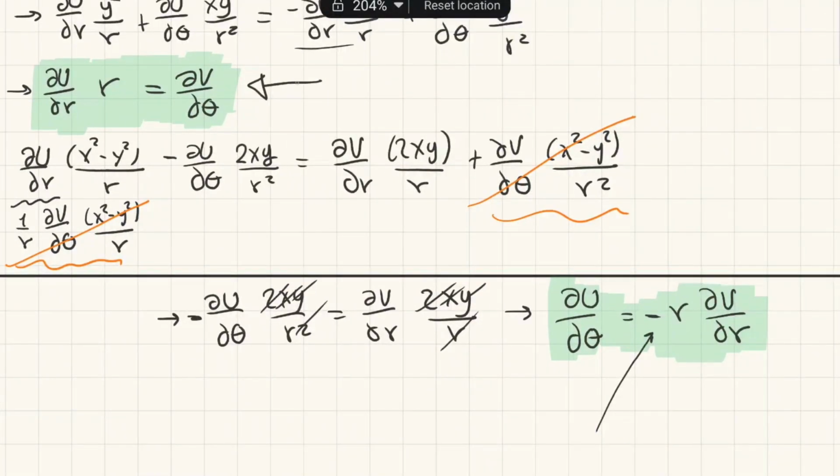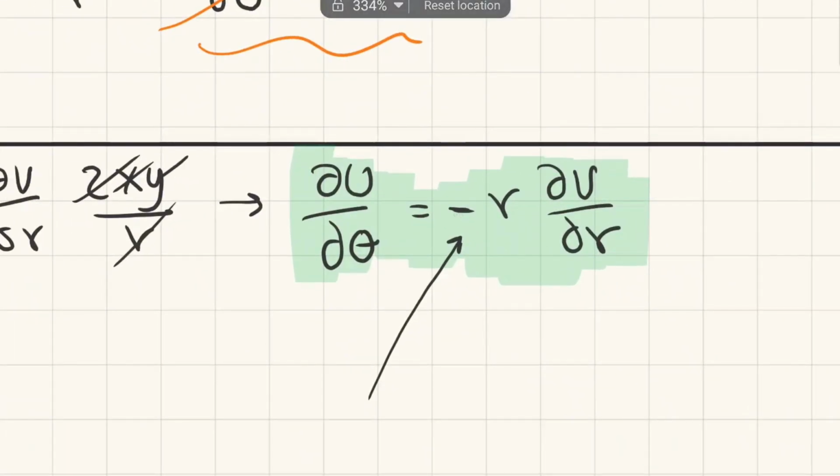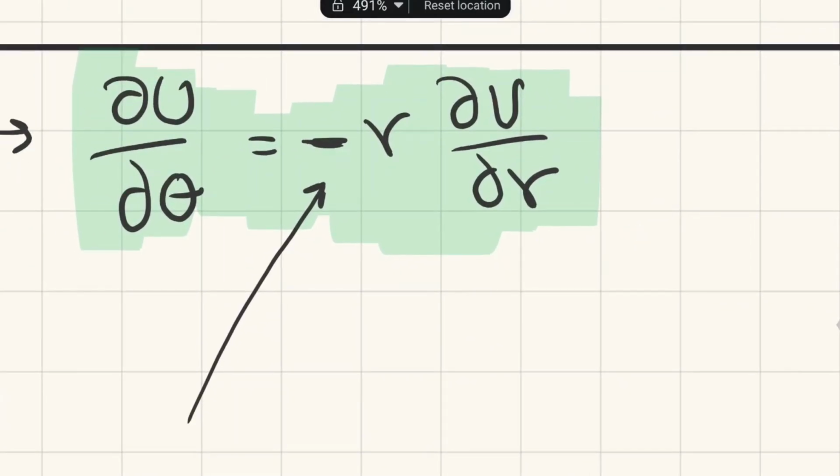For the first equation, there is no change of sign, but in this one, we need to take this minus sign over here. And recall that to keep the same units on both sides of the equation, we multiply r times the derivative of v with respect to r, so that the dimensions of r cancel the dimensions of this r at the denominator. So this is like a quick trick to remember where to put the r in the equation.